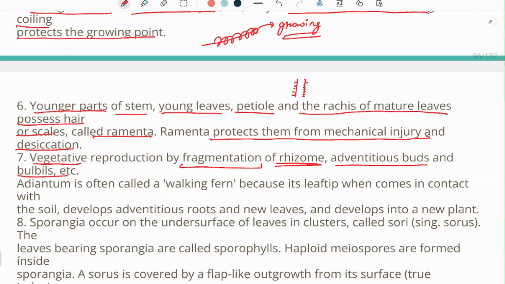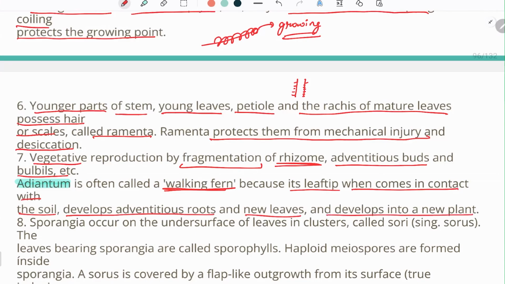Adiantum is often called walking fern. It is usually asked to name the plant which is called walking fern. Ferns we know come under pteridophyte, but which fern is called walking fern? It is Adiantum. We have to remember this. It's an important point. Its leaf tip, when it comes in contact with the soil, develops an adventitious root and new leaves and develops into a new plant.